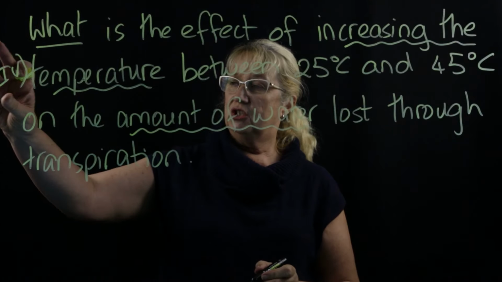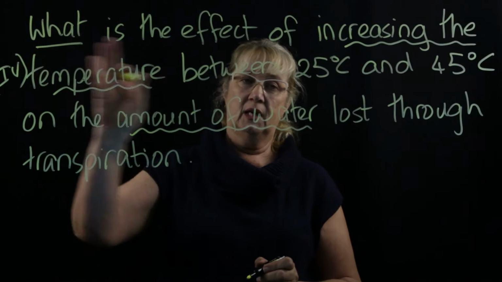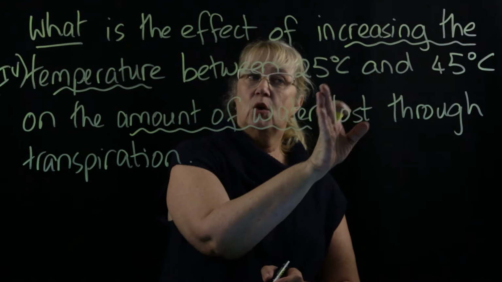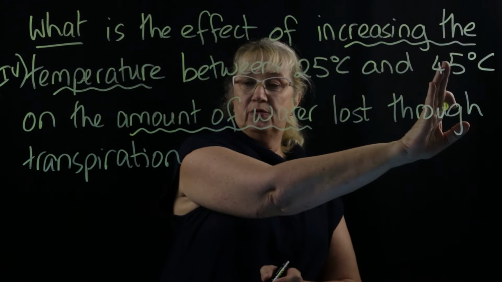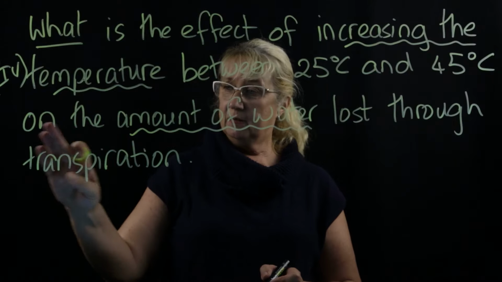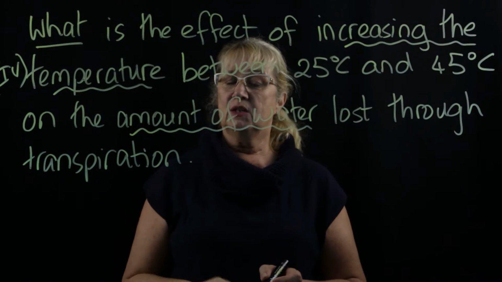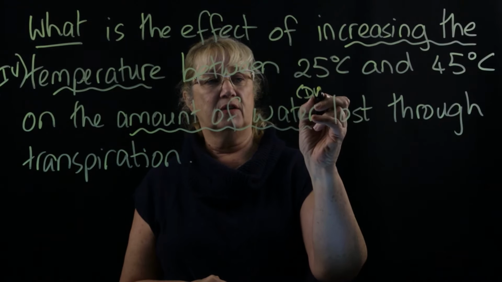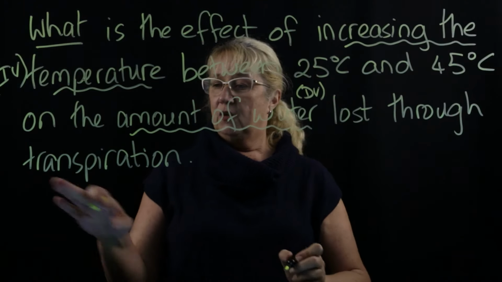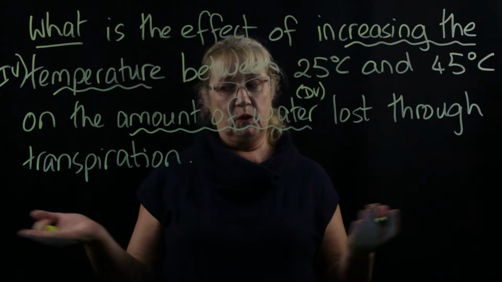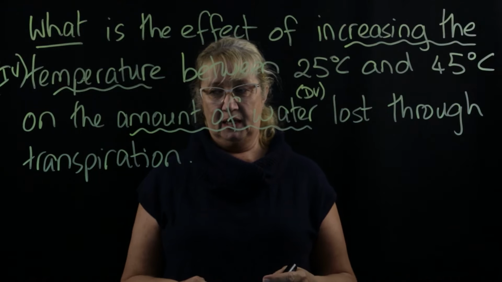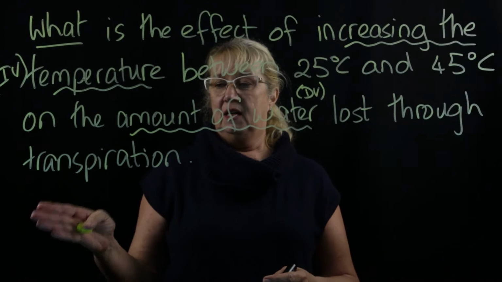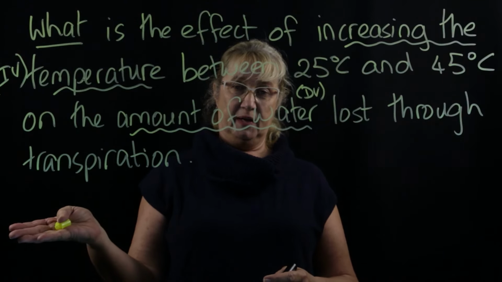So I'm going to be changing the temperature between 25 and 45 degrees, going up from 25 to 45, and I'm going to be measuring the amount of water that is lost. So that's my dependent variable. Through transpiration. Now I've got a little problem here because this is not specific. All plants transpire.